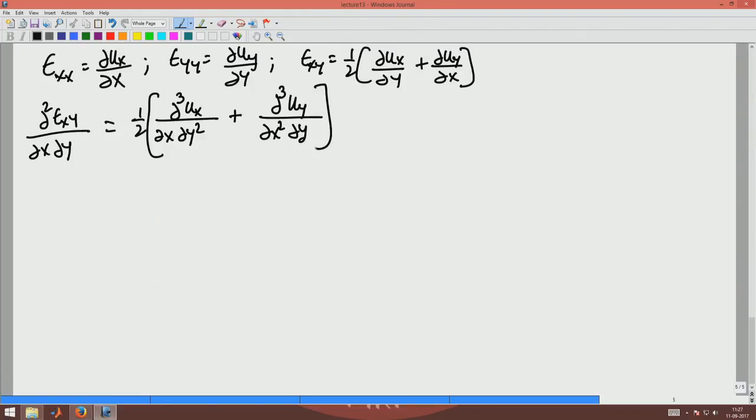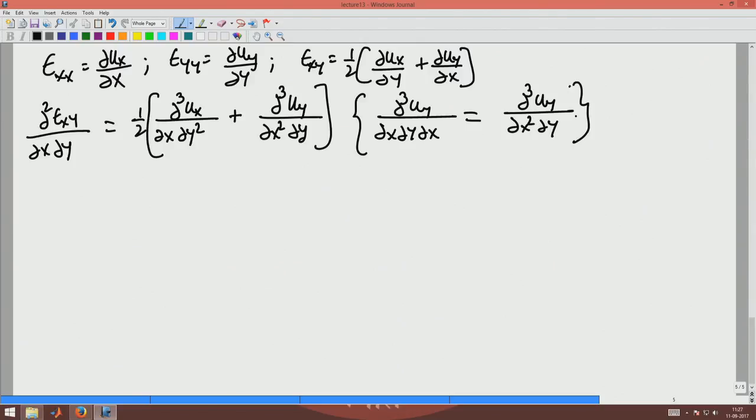Here again I use the fact that ∂/∂x ∂/∂y ∂/∂x of uy, that is ∂³uy/∂x∂y∂x, can be written as ∂³uy/∂x²∂y, since u of y is smooth and differentiable.